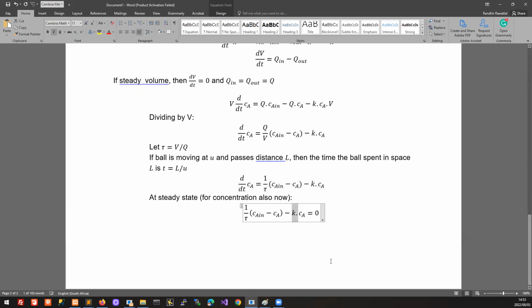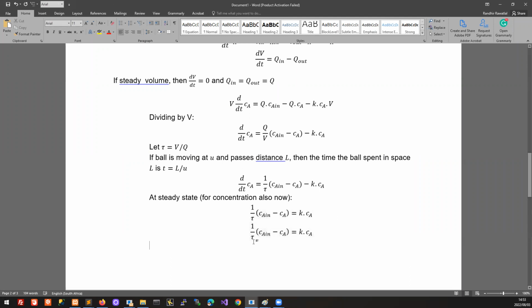Then we could take this across to this side, and we can rewrite this in terms of the conversion. This is nothing but C_A in times X_A, and that's basically our CSTR.